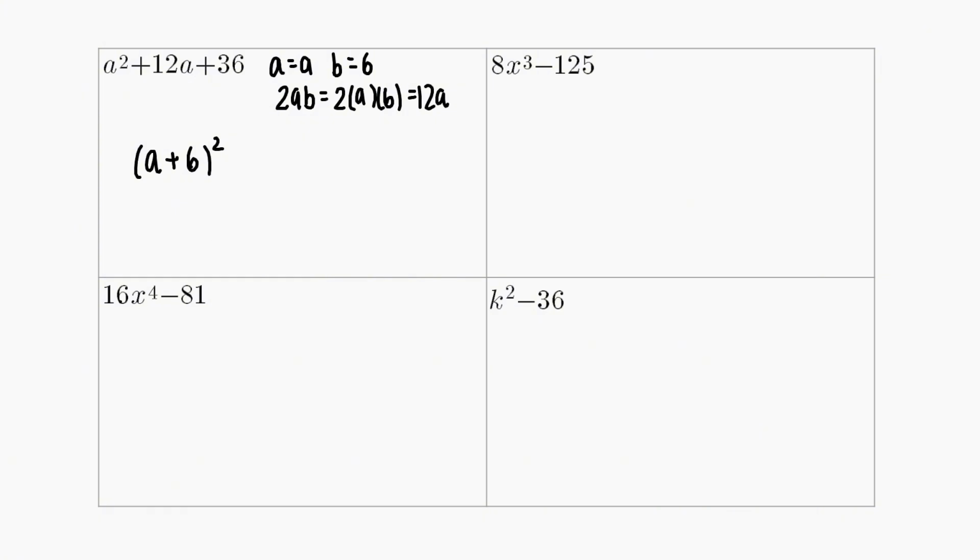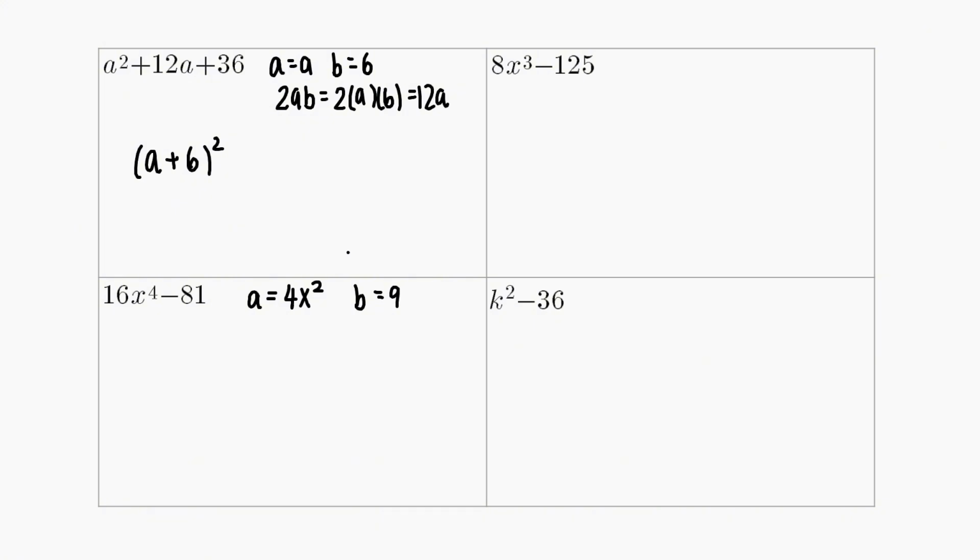Now for this one, we have 16x to the 4th power minus 81. This looks like the difference of squares. In this case, a is equal to 4x squared, and b is equal to 9.